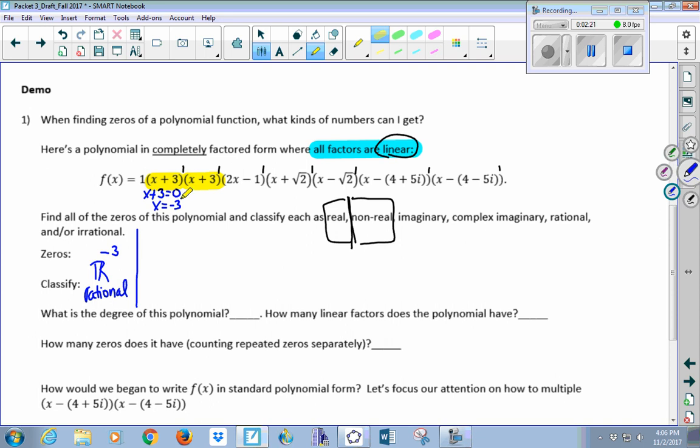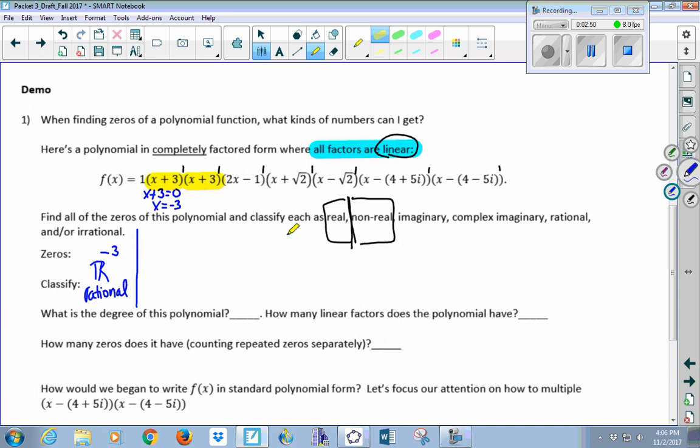So even though it's the same zero, we still count it as two zeros. We count it separately. And sometimes I tell my students, you can sort of think of this like identical twins. They're two unique individuals, even though they look the same. And that's what multiplicity of zeros would be. This has a multiplicity of 2 because it appears twice, but you say I have two zeros. They just happen to be the same.